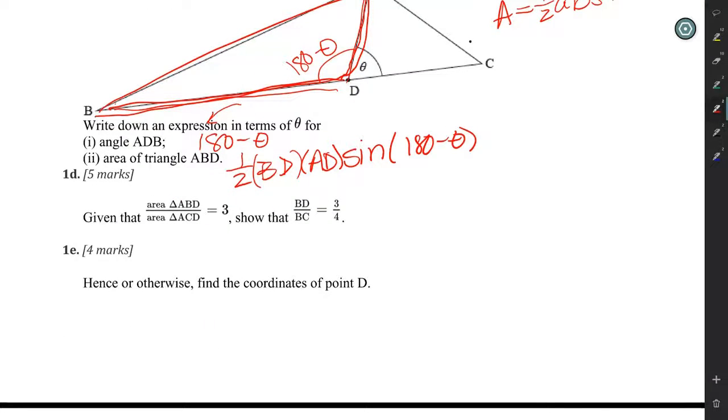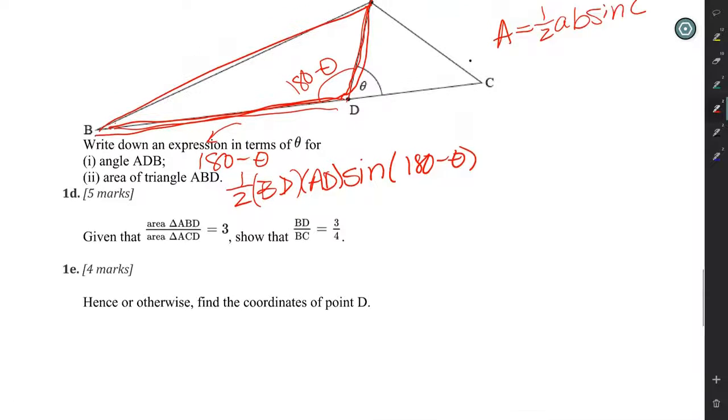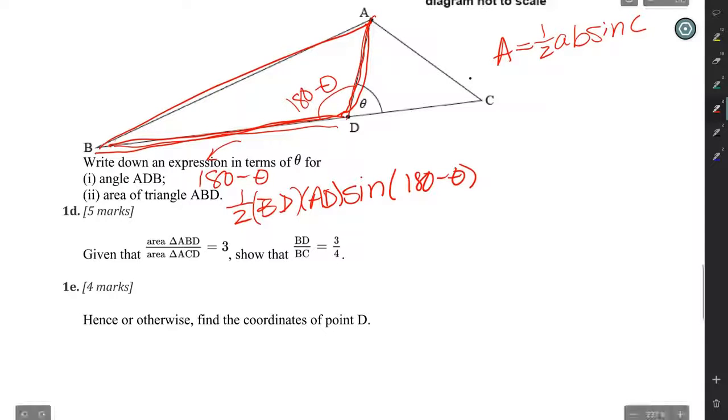Part D says, given that the area of triangle ABD divided by the area of triangle ACD equals 3, show that BD over BC is 3/4. So once again, it's a show problem, so that's where I'm trying to get at the end. At the beginning, I'm going to start with what I'm given. So I'm given the area of triangle ABD, so I just wrote an expression for that.